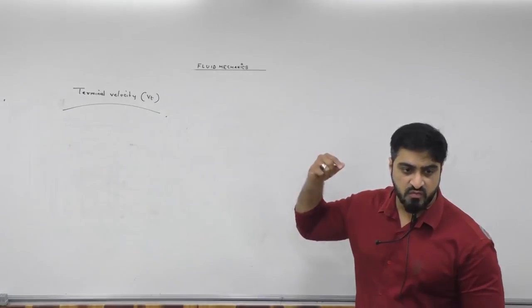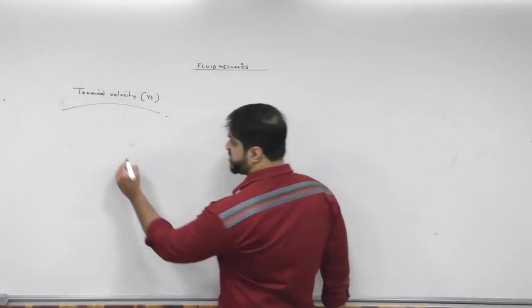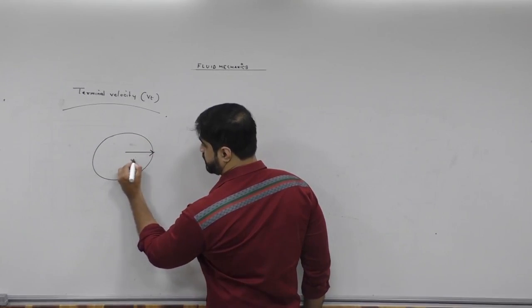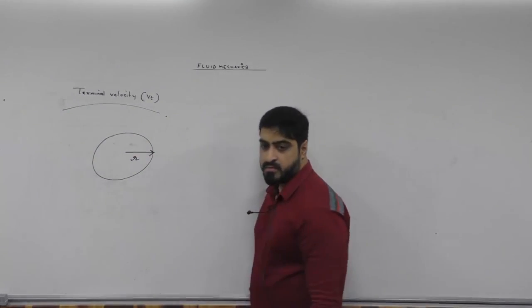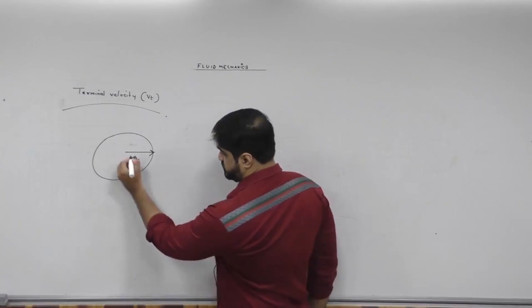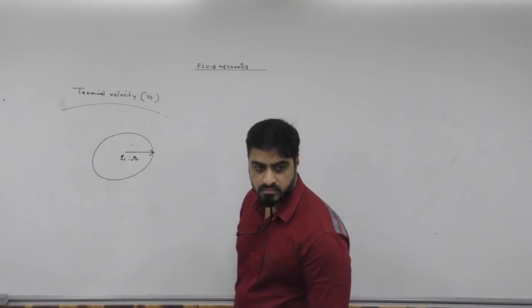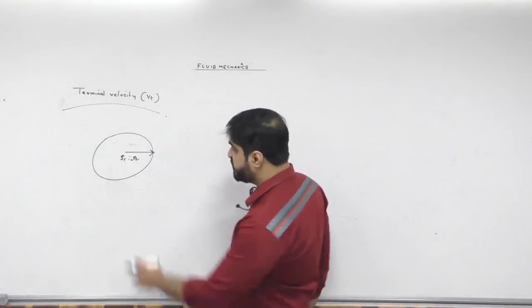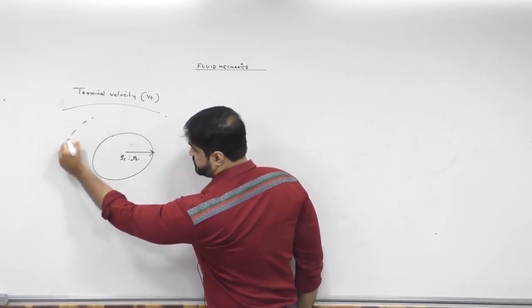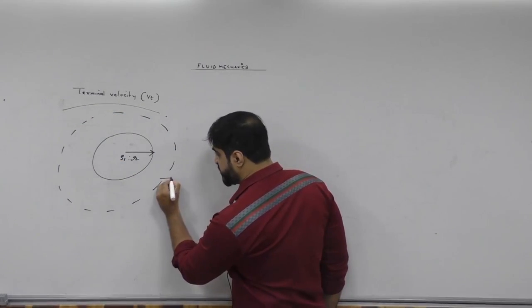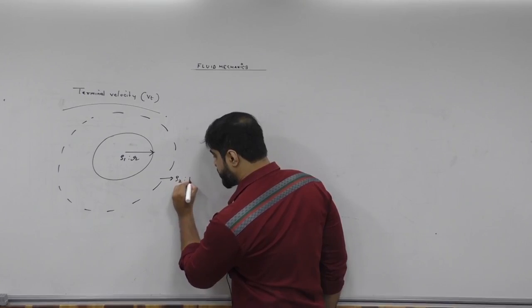Terminal velocity, what happens? Suppose there is a sphere of radius r, of density rho 1. It falls down in a fluid of density rho 2 and coefficient of viscosity eta.